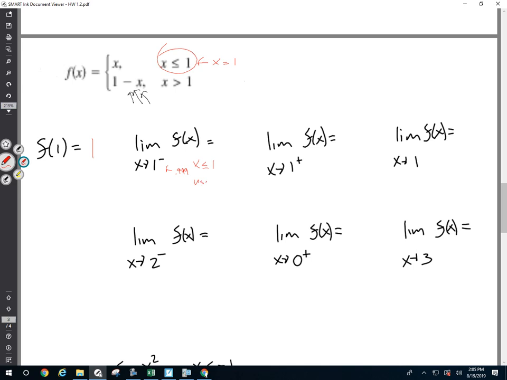I'm going to use f of x equals x, that piece. And if I plugged in 1 into that, I get 1. Boom. That's my left-hand limit.